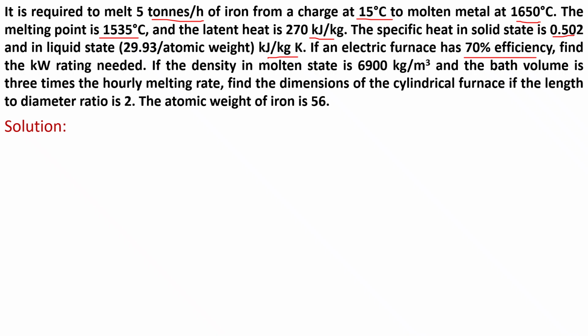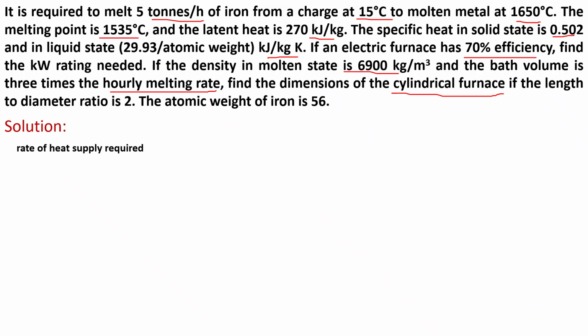Similarly, if the density in molten state is 6900 kg per meter cube and the bath volume is 3 times the hourly melting rate, find the dimensions of the cylindrical furnace if the length to diameter ratio is 2, and also given the atomic weight of iron is 56.